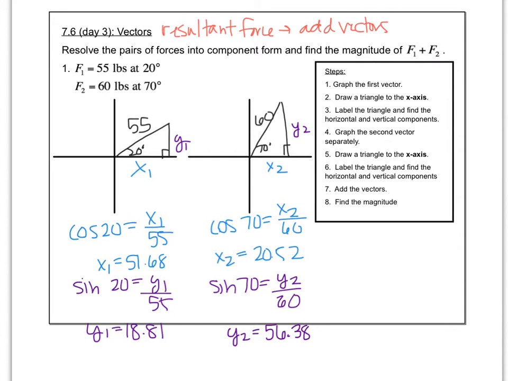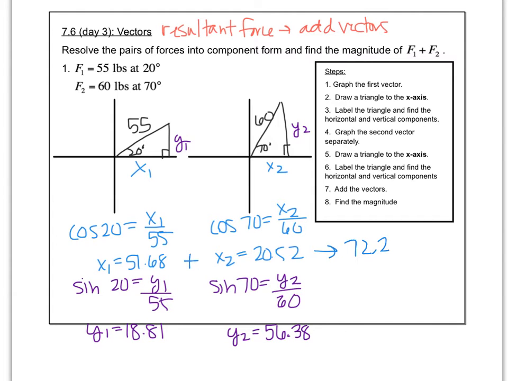And then we are going to add the horizontal parts together and add the vertical parts together. So if I add these two parts together, that gives me that the horizontal component is 72.2.